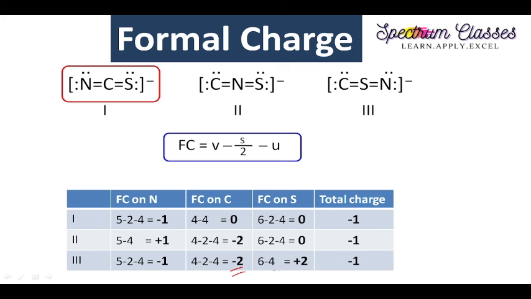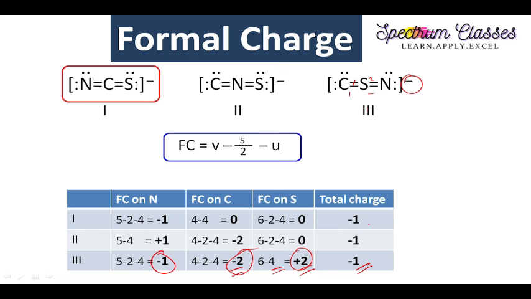For sulfur we have 6 valence electrons and 4 bond pairs, here 1, 2, 3, 4, and no unshared electrons. So in this manner we calculate +2. If we add all three, -1, -2, +2, we overall have -1 total charge. This -1 total charge is shown over here.